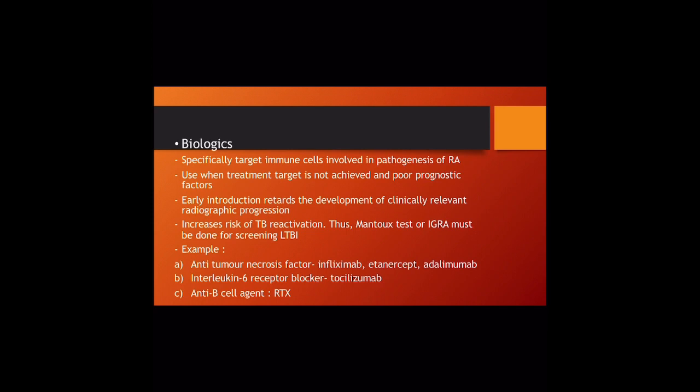You use them when the treatment target is not achieved with the conventional one, or with poor prognostic factors. But what is important is that it increases the risk of TB reactivation. So before you start, you must do IGRA or Mantoux as a part of latent TB screening. Examples: anti-tumor necrosis factor, interleukin-6 receptor blocker, anti-B cell agent.